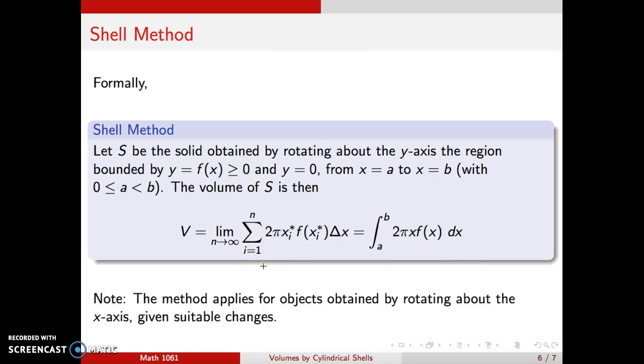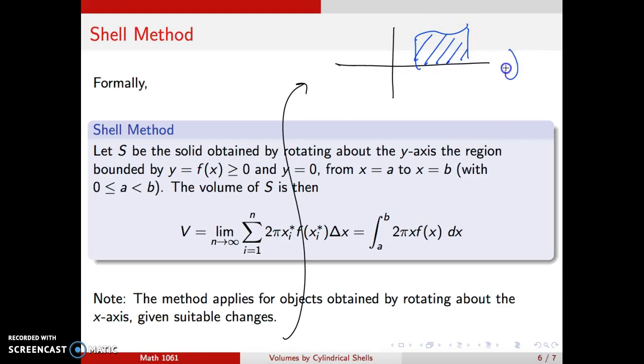One last thing, this method is going to apply for objects by rotating about the x-axis if we give suitable changes. So now, if we're rotating about the x-axis, for example, rotating this way, then we're going to integrate with respect to y.